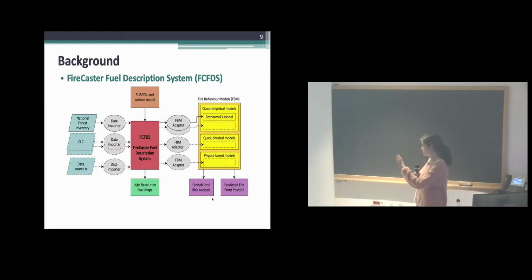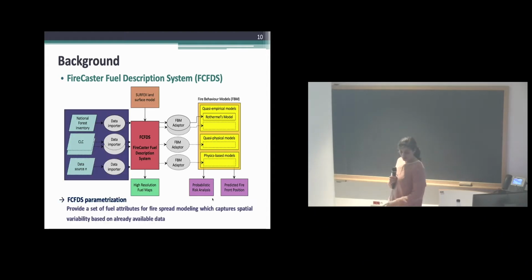Here we have the big picture of this system and how it's connected to several data sources, to a land surface model, and then how we can connect to different fire behavior models. Today I'm going to present how this parametrization was carried out using already available data in order to provide a set of field attributes for fire spread modeling, which can capture the spatial variability of vegetation.